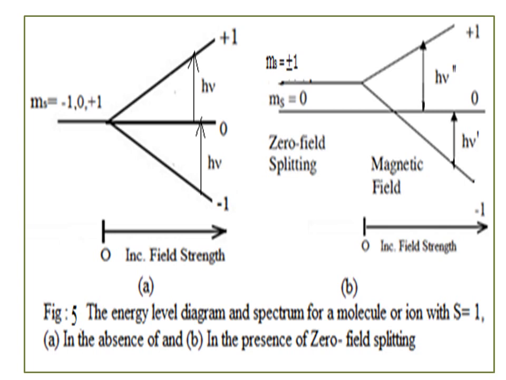Let us see the first figure, labeled A. In the first figure, there is no zero field splitting. That is, in the absence of magnetic field, the 3 Ms values remain triply degenerate. And when the magnetic field is applied, the degeneracy is removed and 3 energy levels are obtained.